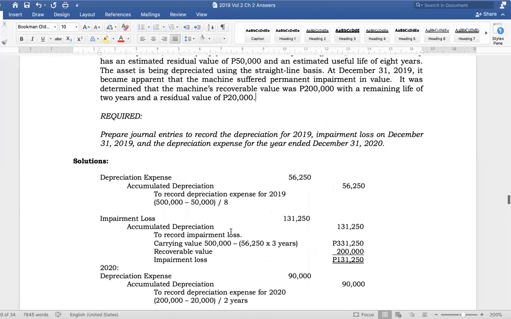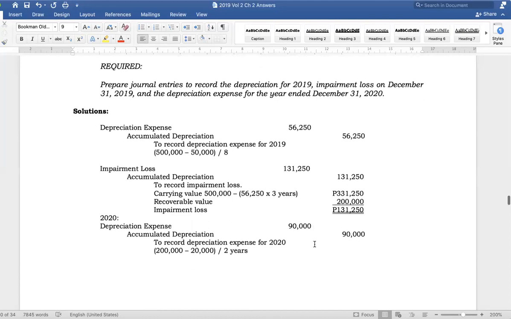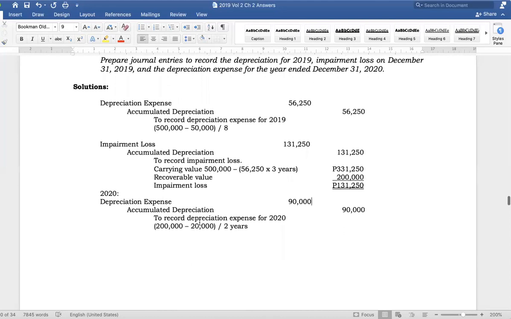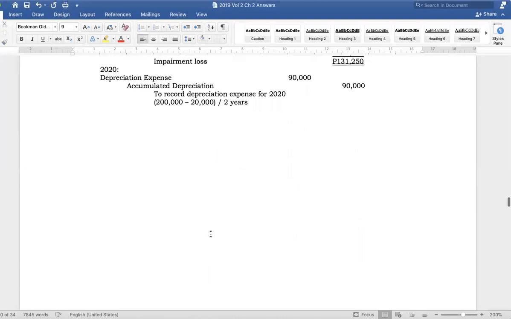However, because the asset is impaired, its useful life is also shortened by 2 years. So our depreciation for the next 2 years will be 90,000 to bring it to 20,000 at the end of this 2-year period. 20,000 is the residual value.